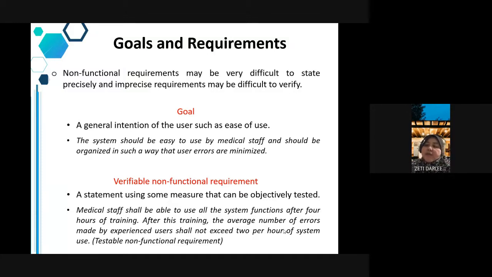So by 4 hours of training, they can use the system. So that is also reflected in the ease of use. 4 hours of training is relatively normal. Normal time lah for a system.